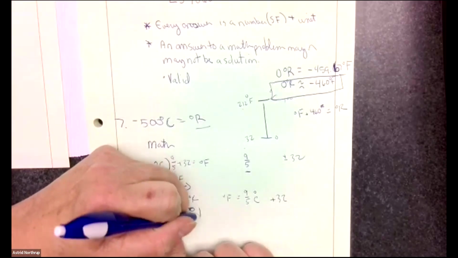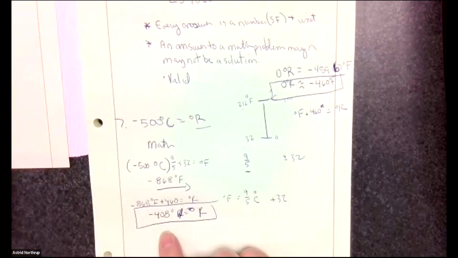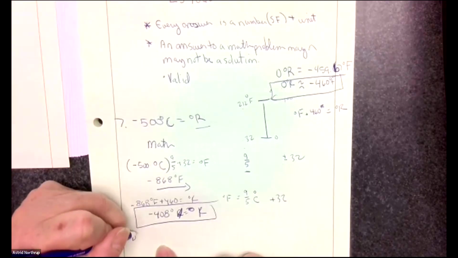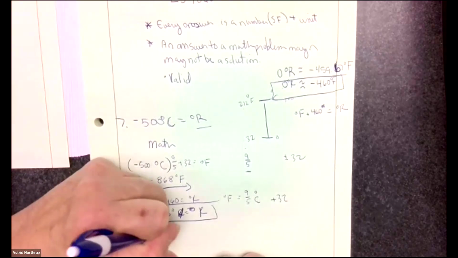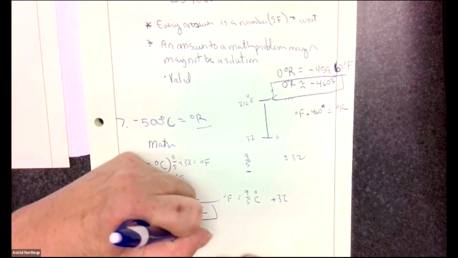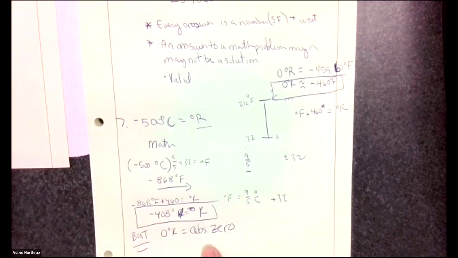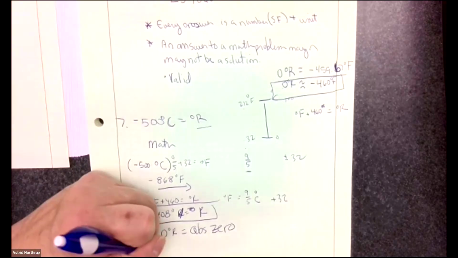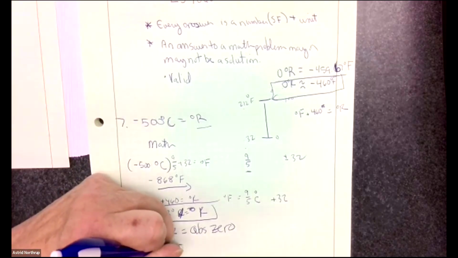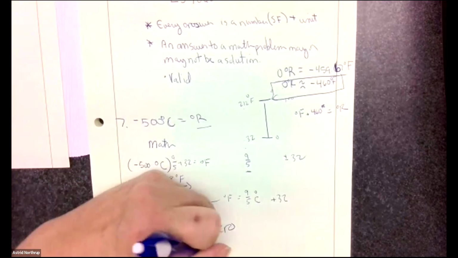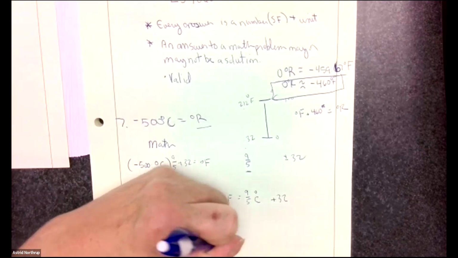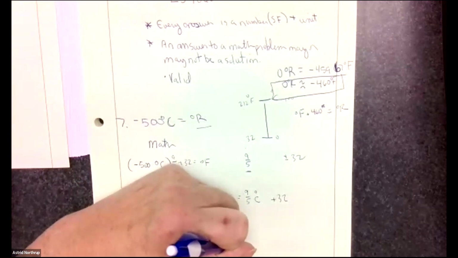Okay? What's wrong with that answer? You can't have negative Rankine. That is right, but 0 degrees Rankine is equal to absolute zero. So does this mean that negative 500 degrees C doesn't exist? That is correct. So therefore, negative 500 degrees centigrade is invalid input.